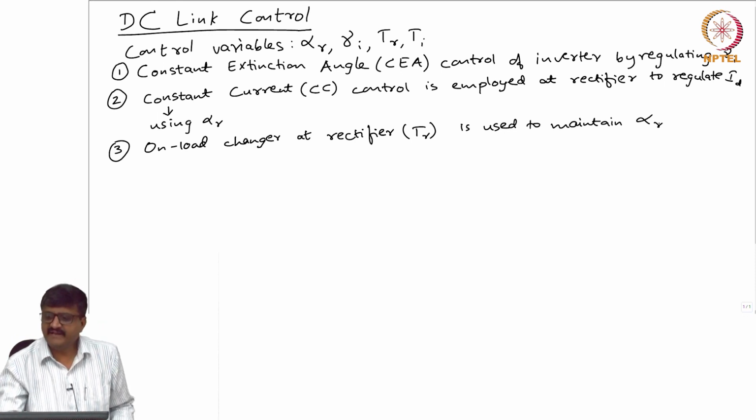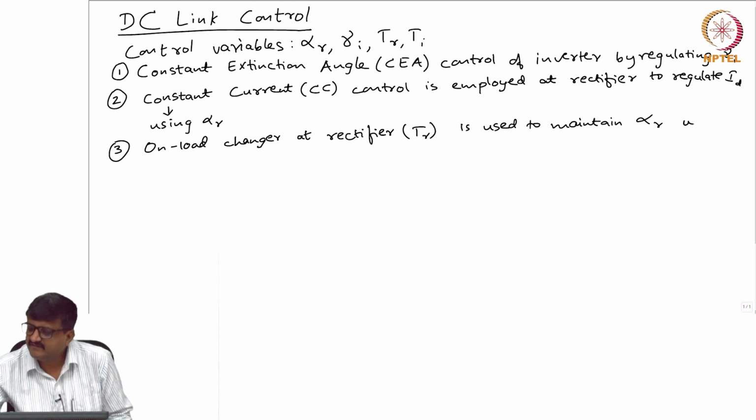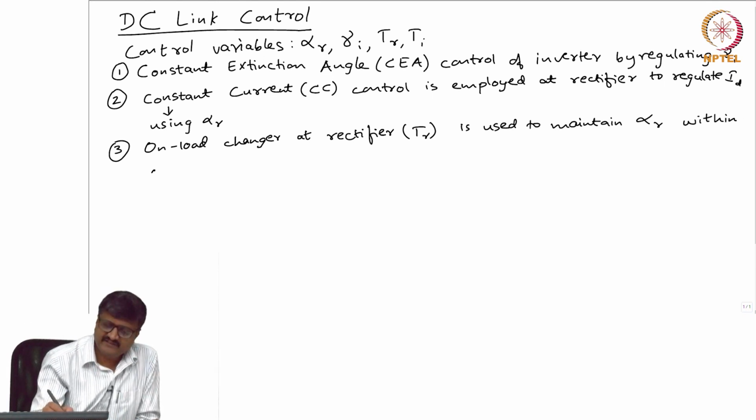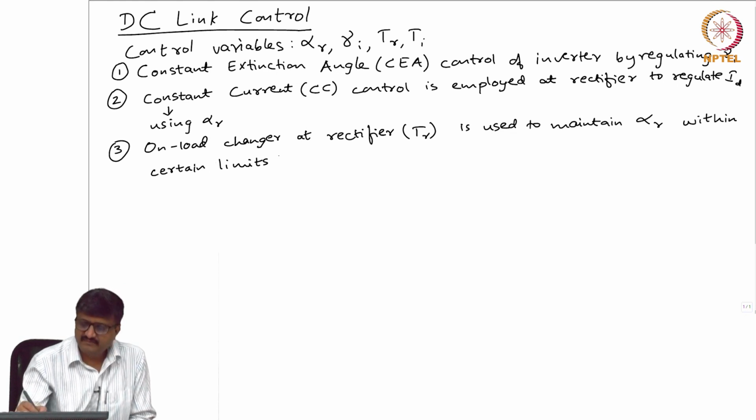That is why we maintain alpha R not at 0, but within certain limits, close to 0 of course, for example 15 degrees to 20 degrees.